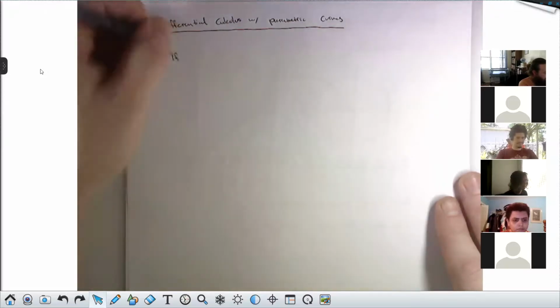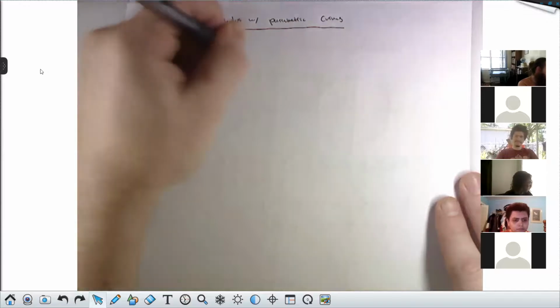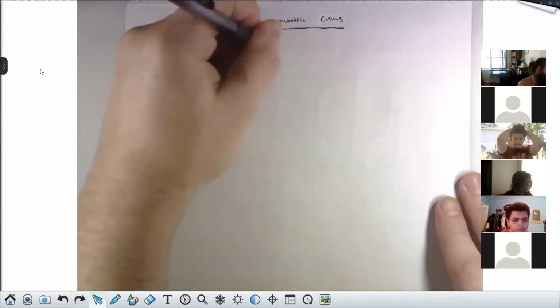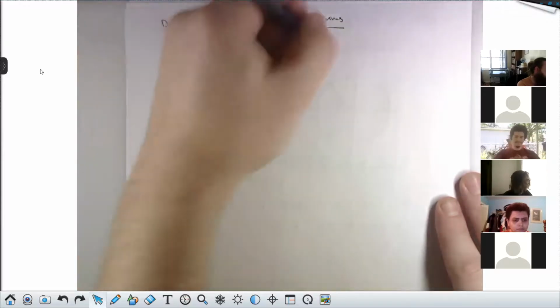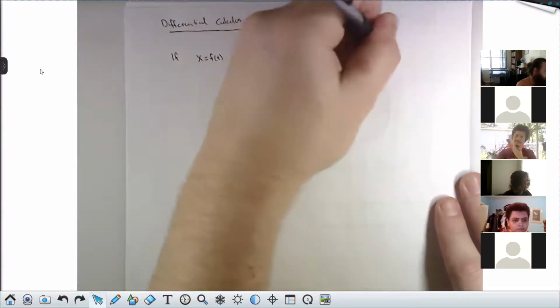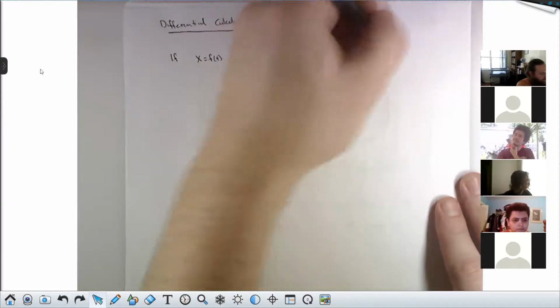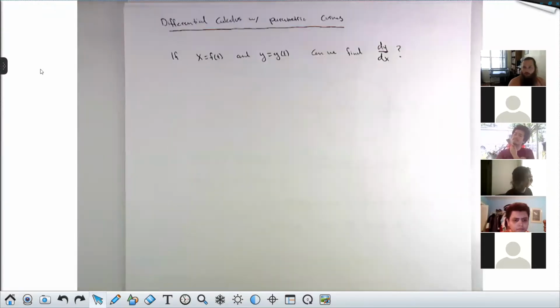If x is equal to f of t and y is equal to g of t, can we find the normal derivative dy dx? In other words, can I find slopes of tangents here? Can I find mins and maxes here? Can I do all the Calc 1 stuff in this setting? I wouldn't ask the question if the answer was no.